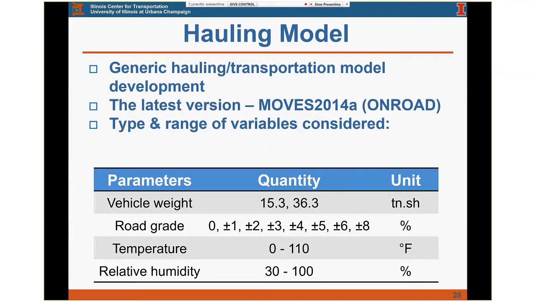So that's why we thought that we needed a precise model for the hauling. That's why we performed thousands of simulations using EPA's Environmental Protection Agency's MOVES program. In this program, we performed the simulations considering different vehicle weight, payload, road grades, temperature, relative humidity, to be able to represent different regions in the United States.